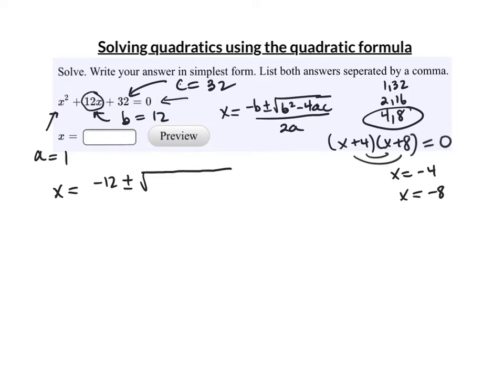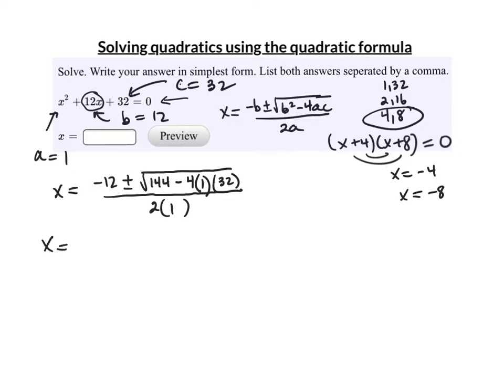That's 12 squared. 12 squared is 144 minus, there's a 4 in the formula, 4 times a times c. A was 1 and c is 32. Now this is all over 2 times a, and a was 1.